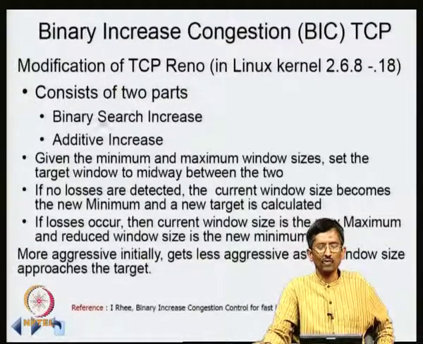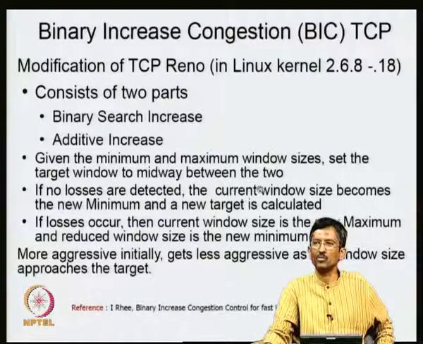It consists of two parts, binary search increase and additive increase. Given the minimum and maximum window sizes, set the target window to midway between the two. Just like in binary search, you look at the in-between first. If you find that there are no losses at this point, then the current window becomes the new minimum and a new target is calculated, again in between.